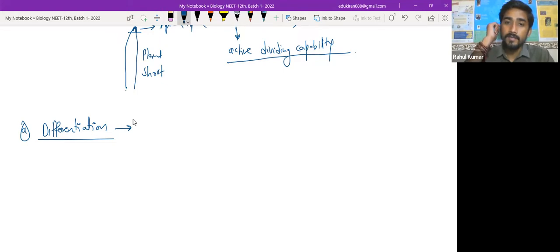Like some tissues went up to become brain cells, so they start the process of thinking, memory, learning, consciousness. Some tissues went and become the tissues of heart, so their function is to contract and relax and pump the blood, correct? Same is for muscular tissues. Their function is to help the body move, locomotion by contracting and relaxing, correct?